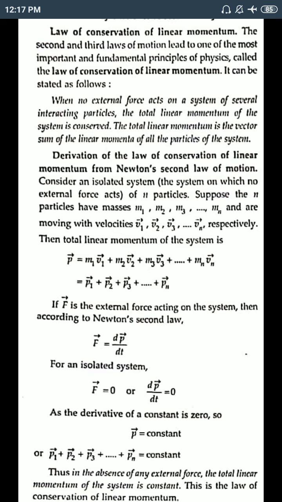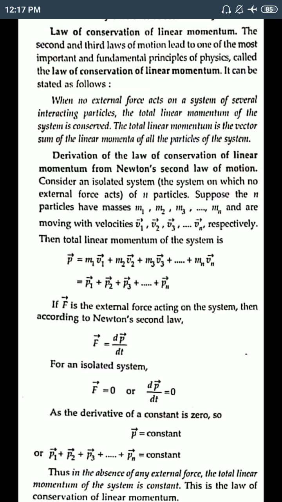Now, if F is the external force acting on the system, up to that we consider no force is acting on it. So the total linear momentum is P equals P1 plus P2 plus P3 up to Pn.